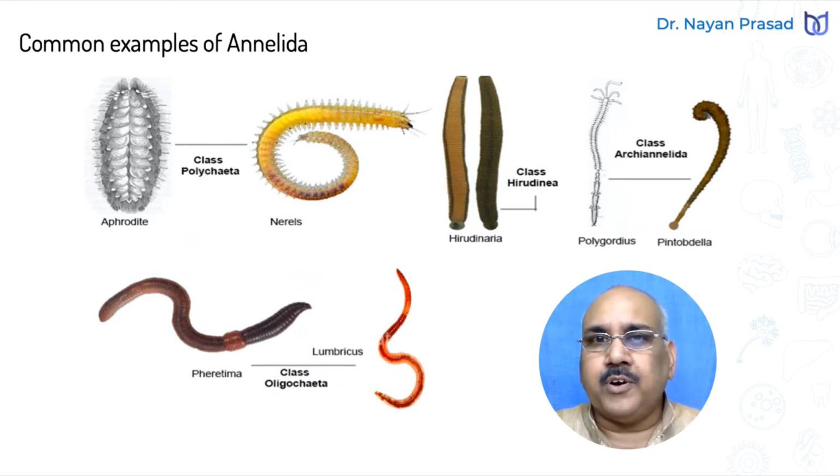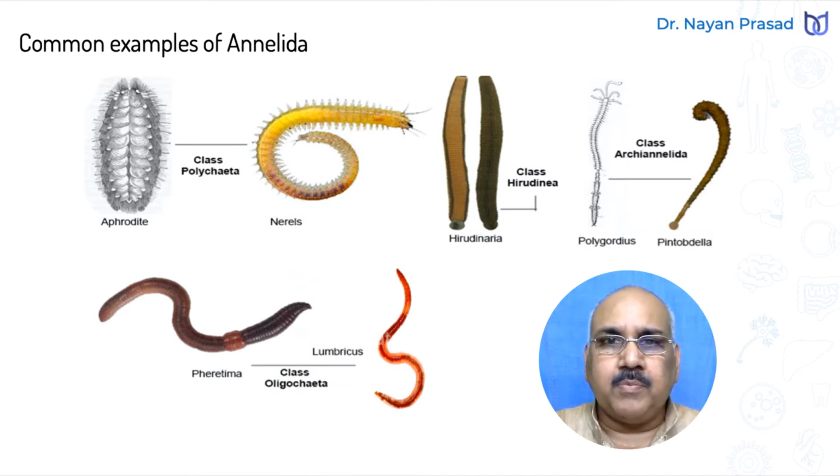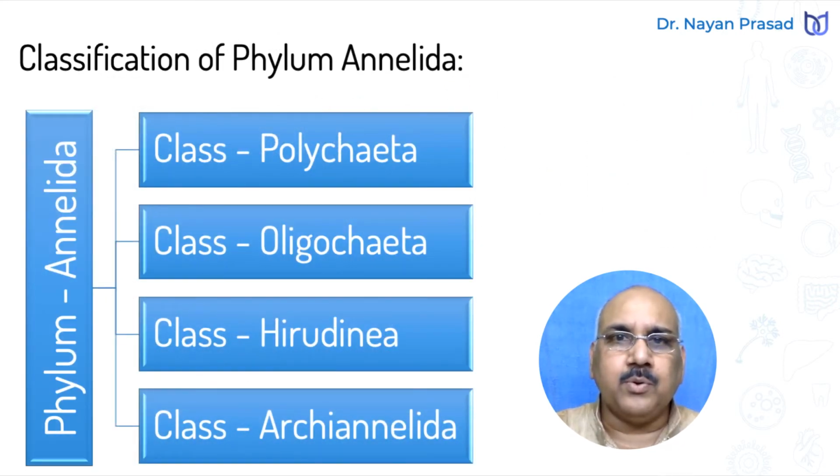These are invertebrate animals that include earthworms, leech, and nereis, Aphrodite-like creatures. On the basis of their locomotory structures and some other features, phylum Annelida has been divided into different classes.